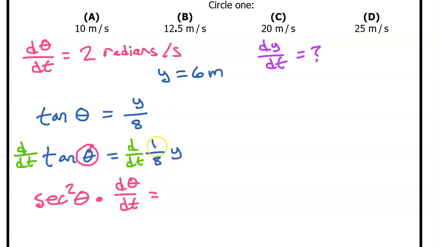On the right-hand side, I see the constant, so I'm just going to bring the constant down and move on to dy/dt. Remember, we are trying to find dy/dt. So we need to have no other variables other than this. I know that d theta/dt is 2, so that's fine. But this theta right here is a problem. We need to somehow find a value for this.